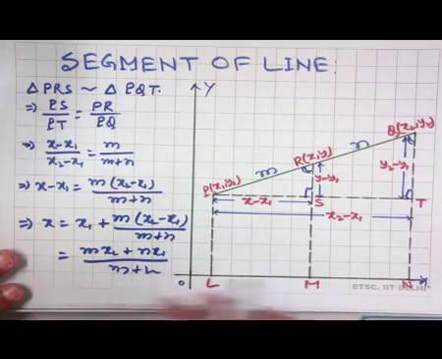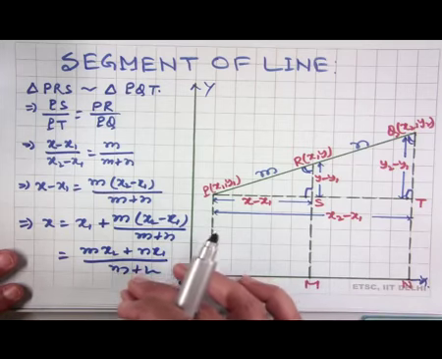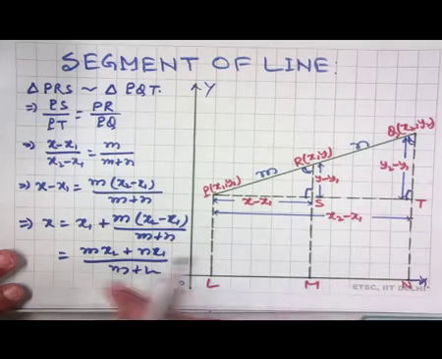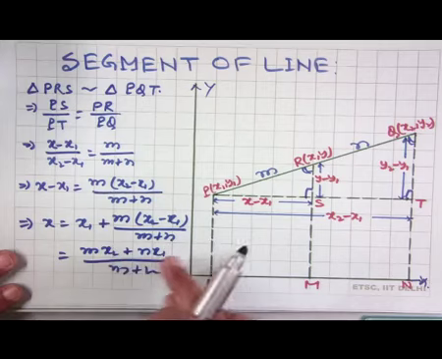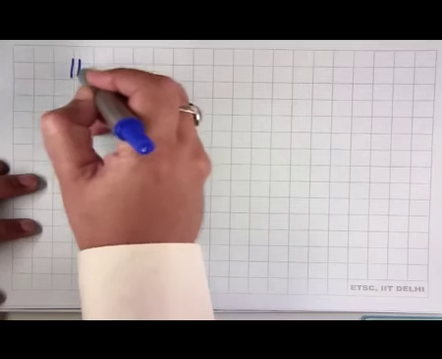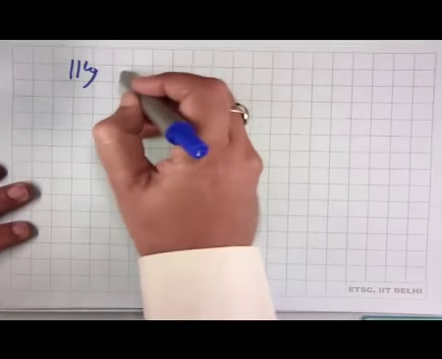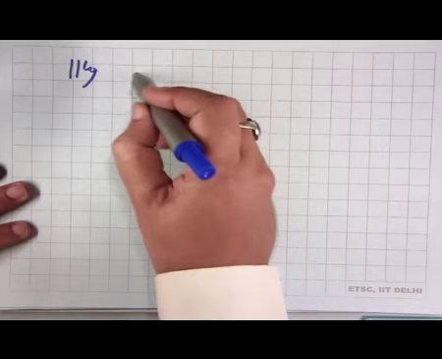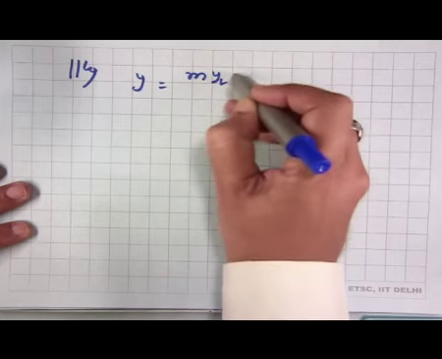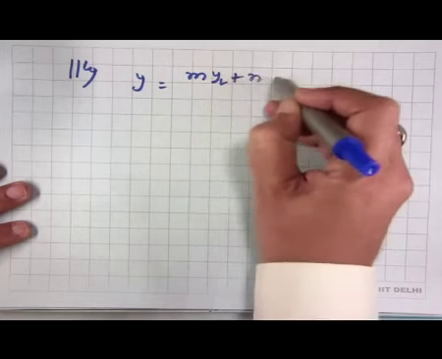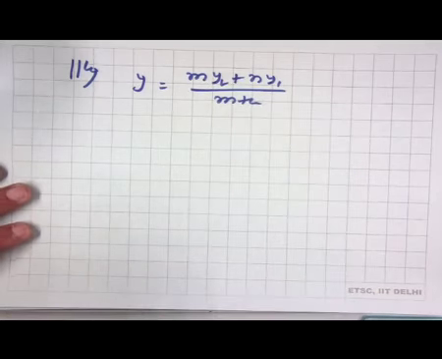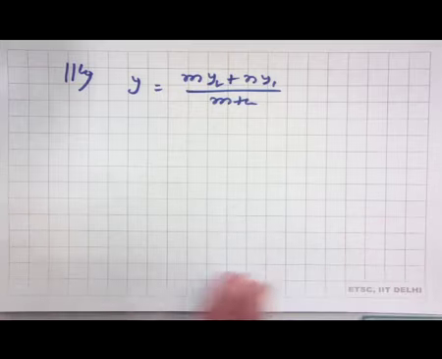So in this way, by using this formula, we can get the value of x, because m, n, x2, x1, all these values are known. Similarly, we can find the value of y, that is (m y2 plus n y1) by m plus n.